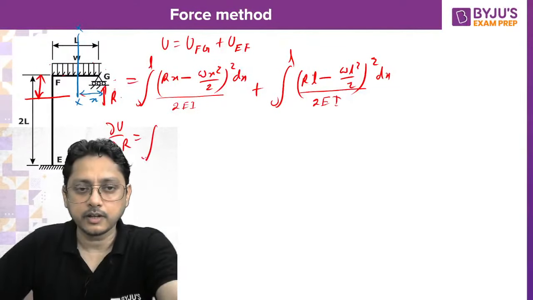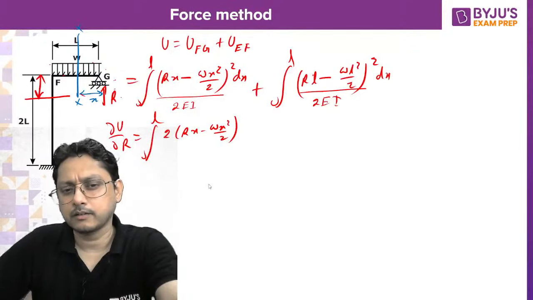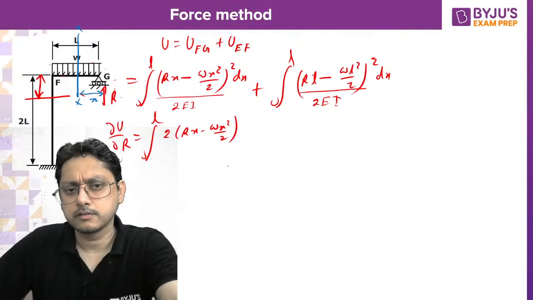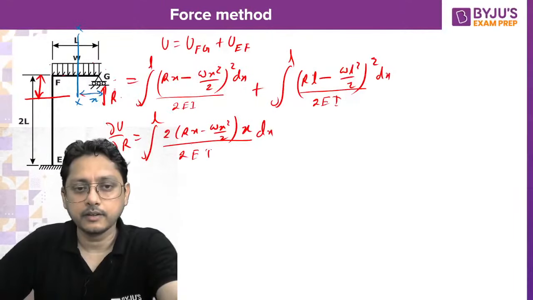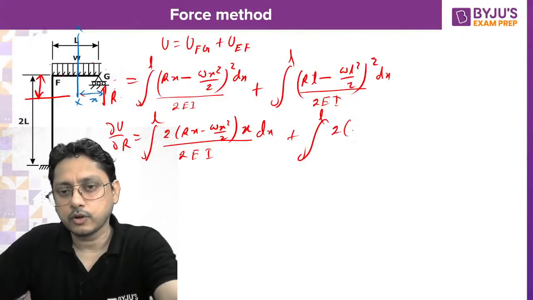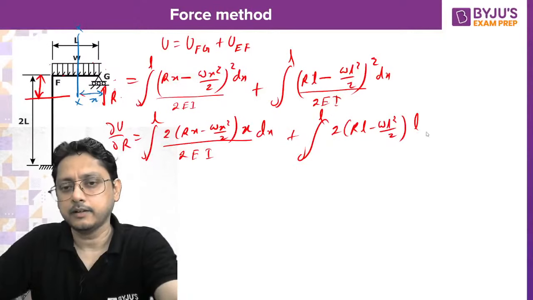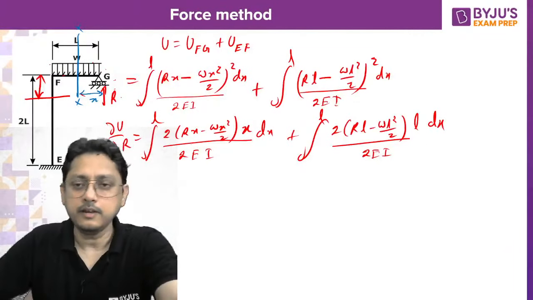Now if you partially differentiate, what exactly you will get: 0 to L, twice of (Rx minus Wx square by 2), which will be multiplied by del u by del R. You are doing del u by del R, so you will get only x here, into dx by 2EI, then plus 0 to L. Here also if you partially differentiate, you will get twice of (RL minus WL square by 2), and then you will get L, dx by 2EI. Then you equate it to 0.